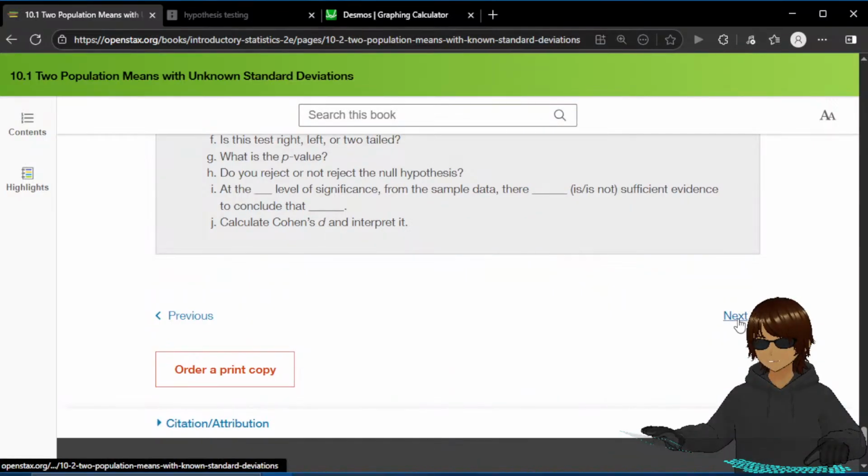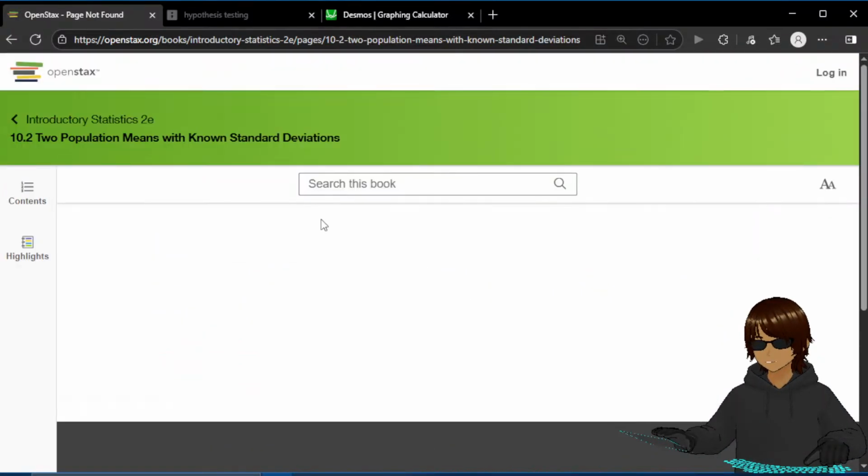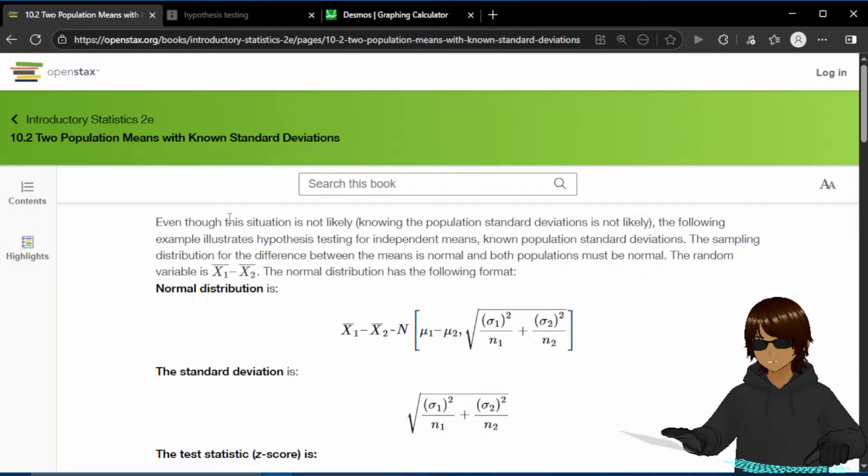Okay, let's just learn about it. Even though this situation is not likely, knowing the population standard deviation is not likely, the following example illustrates hypothesis testing for independent means, known population standard deviations. The sampling distribution for the difference between the means is normal and both populations must be normal.